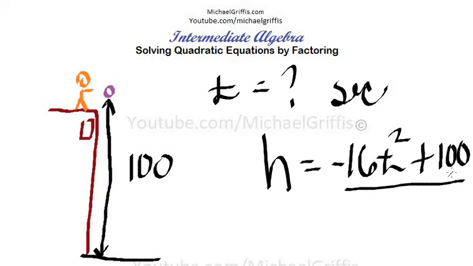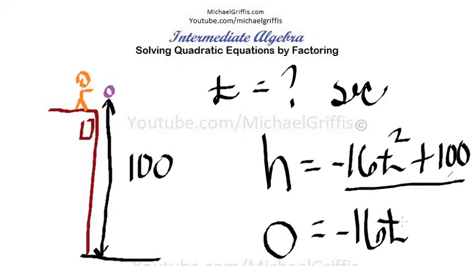So what time is it when the height is 0? We're going to let the height be 0. When the ball is falling, when the height is 0 is when the ball is basically on the ground.